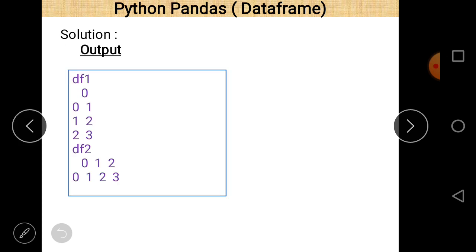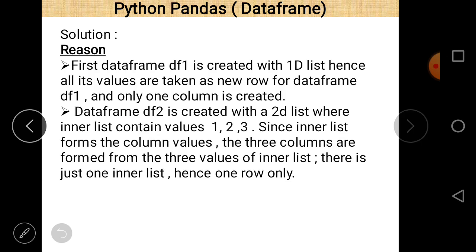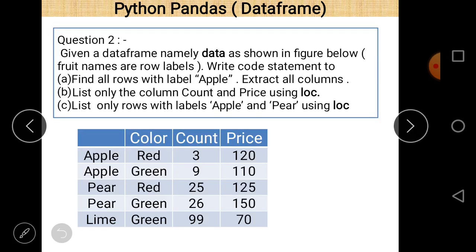The first list contains elements 1, 2, 3, and others contain no element. That's why different columns are created for different elements in df2. And in df1, since there is only a single list, there is only 1 column. Now question number 2.